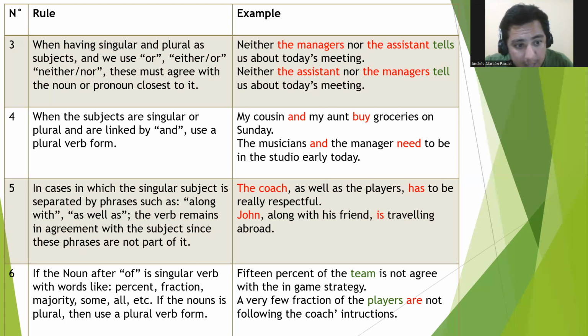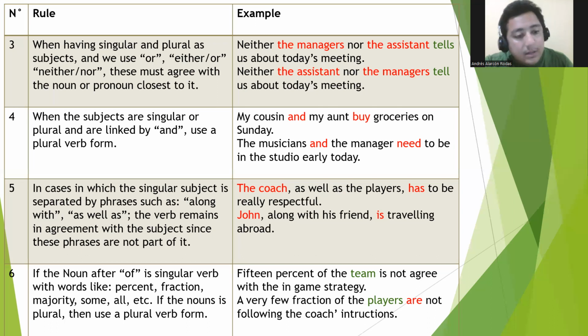So has is the verb in agreement with the subject, the coach, because this phrase, as well as the players, is not part of it. Okay, the second example, John, along with his friend, is traveling abroad. Again, in this case, is is related with the noun John. So in this case, it's agreement, concord basically.